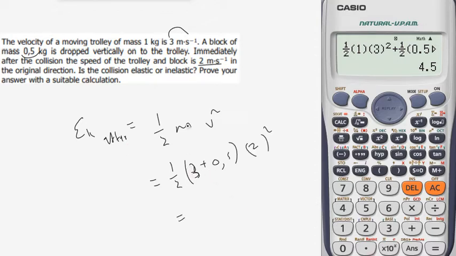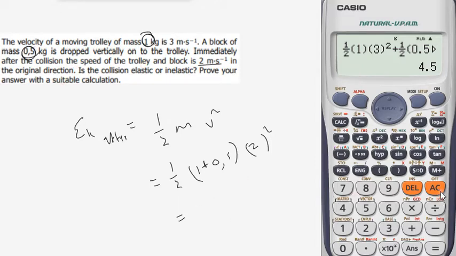I'm very sorry, here I put the speed instead of the mass, so I missed something. I think now you see where I went wrong. The 3 that I've been trying to put in here, it's been refusing. It's supposed to be 1 plus 0.5, because it's a mass of 1 for the trolley and a mass of 0.5 for the brake.